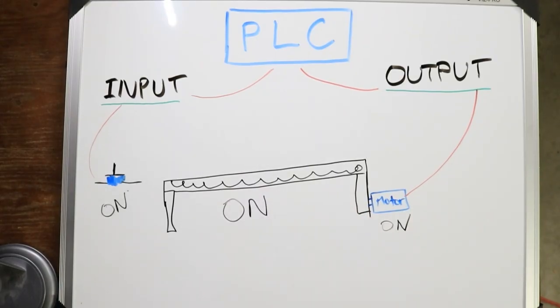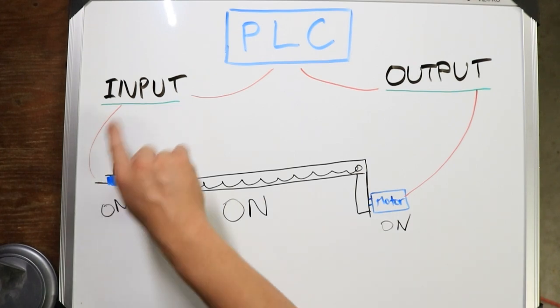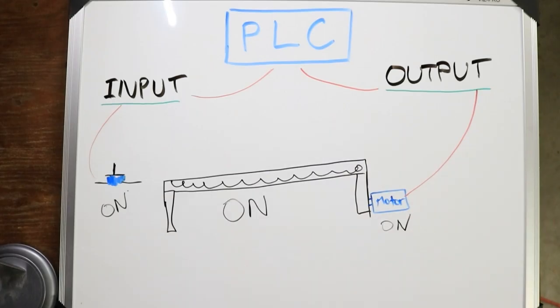Very simple, very basic. Of course, when you get into more components and devices, it's going to be a little bit more complicated, and it's not as simple as just one wire in, one wire out. You're going to be dealing with multiple wires with different devices to help this whole operation work.